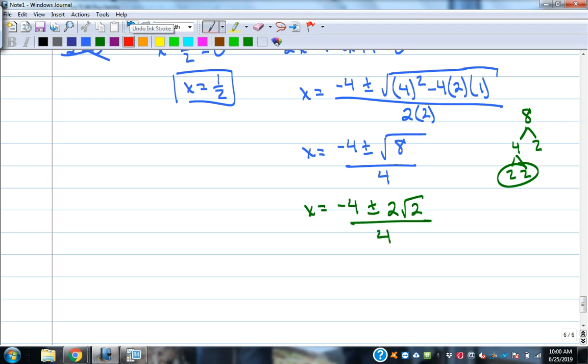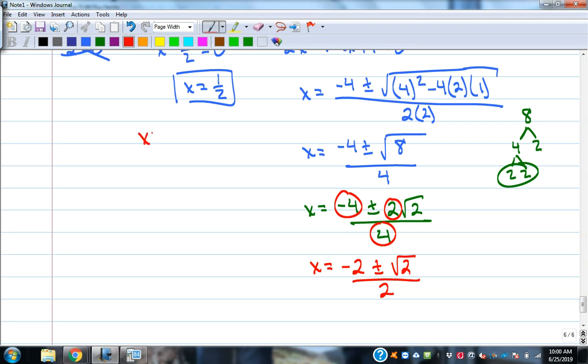I can simplify this answer a little bit because all 3 of these numbers, notice I didn't include the number that's under the radical. You can't do anything with it. Only the numbers on the outside. All of those are even, so I'm just going to divide them all by 2. It'll be negative 2 plus or minus 1 square root of 2 over 2.